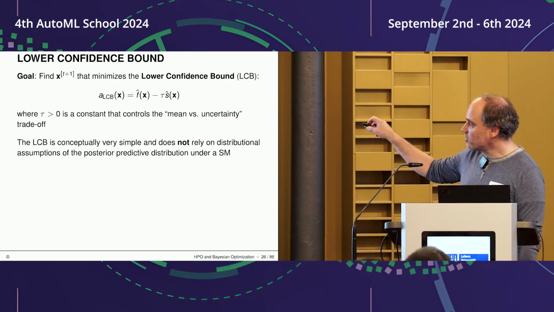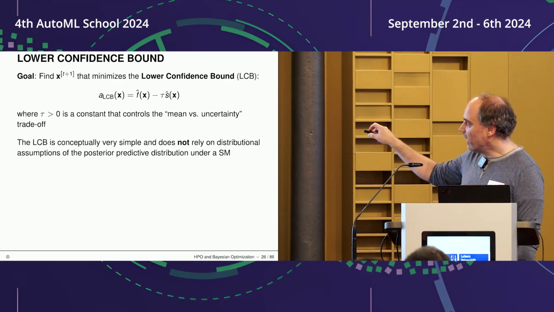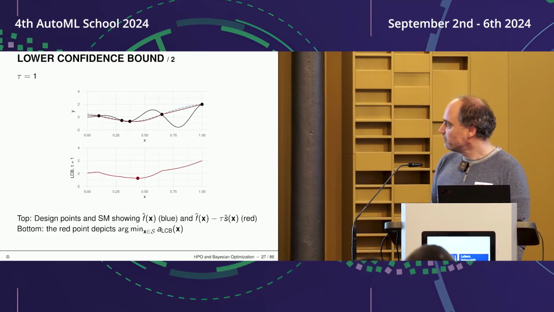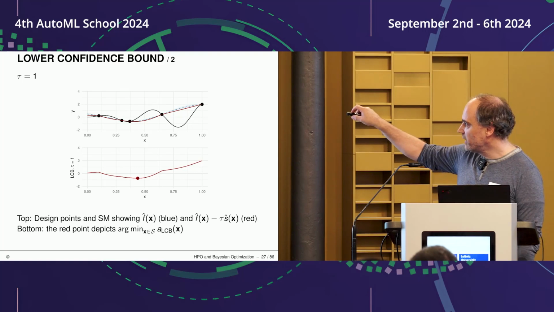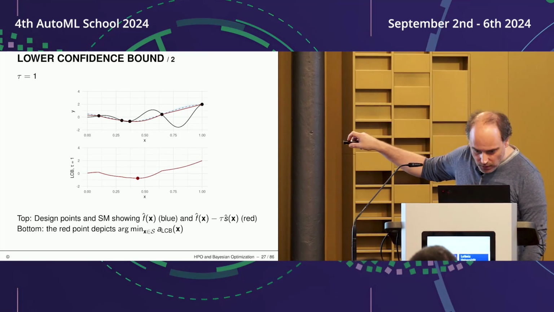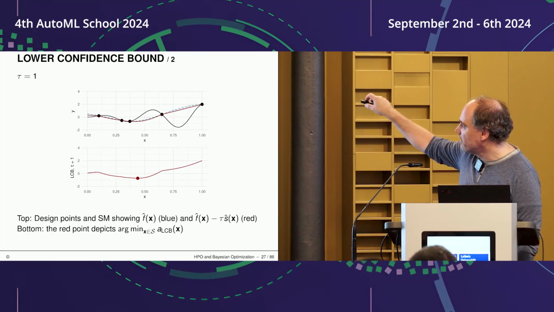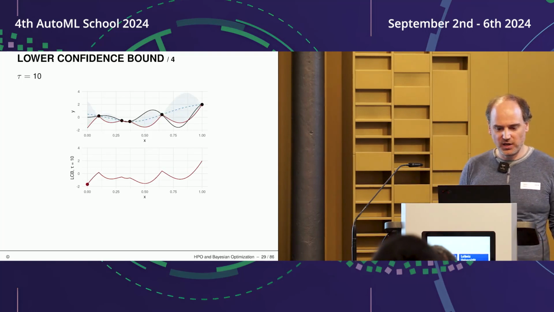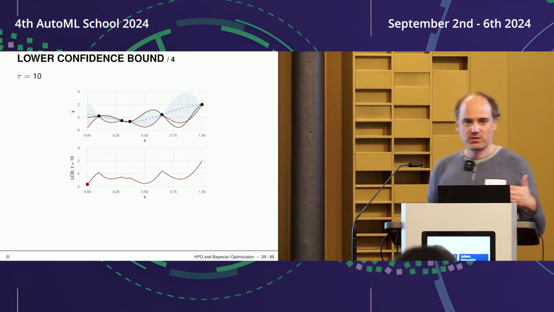This is just our posterior mean minus tau times the local standard deviation. So how does that look? Here the dotted line is our predicted posterior mean, and I can now set tau to 1, 5, or 10.